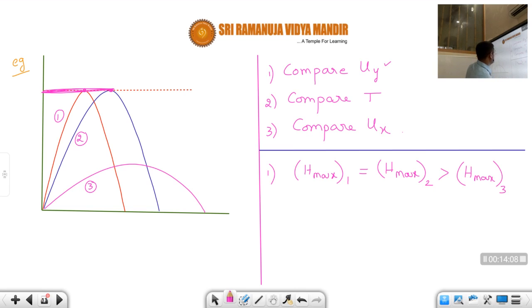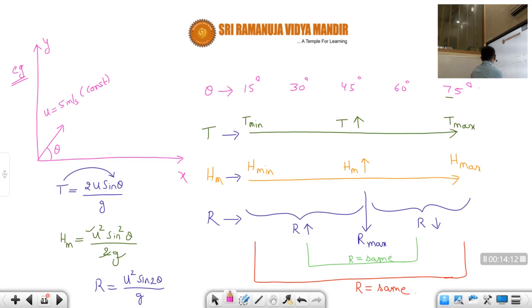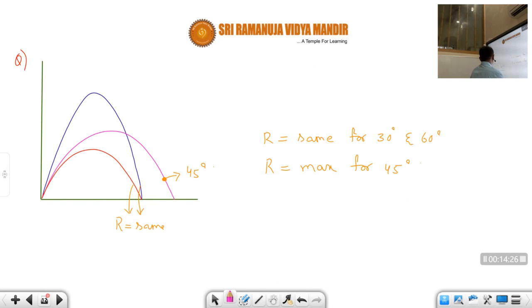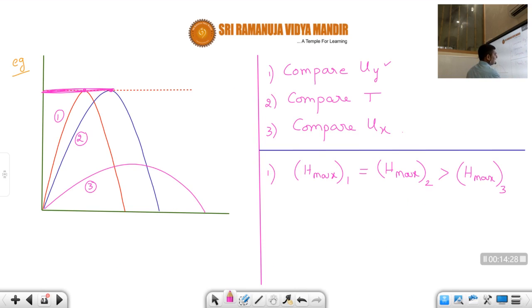Now I know that H max is dependent on Uy, because we wrote this equation in the beginning. H max is dependent on what, students? Only on Uy. Of course Uy square, but it depends on the y component of initial velocity. Anyway, afterwards you can remove squares also, so I am finally writing Uy.